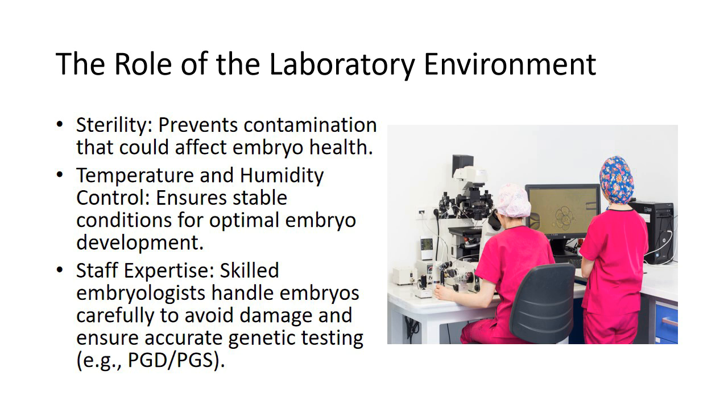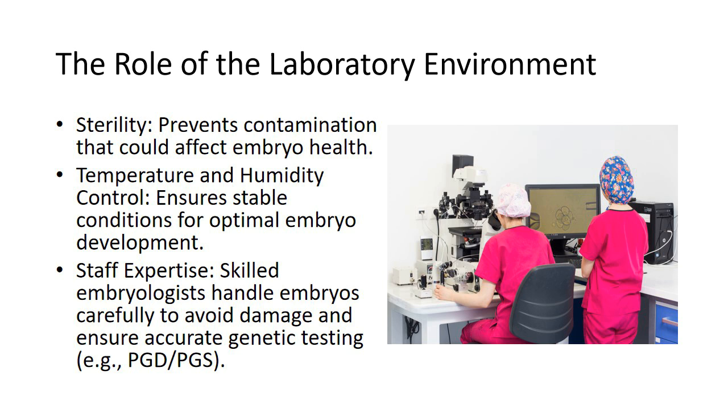Key aspects of the laboratory environment: sterility. Embryo culture and handling require a sterile environment to prevent contamination. Contaminants such as bacteria, fungi, or viruses can severely affect embryo health and implantation rates. Clean rooms and specialized laboratory equipment help maintain sterility during all stages of the ART process.